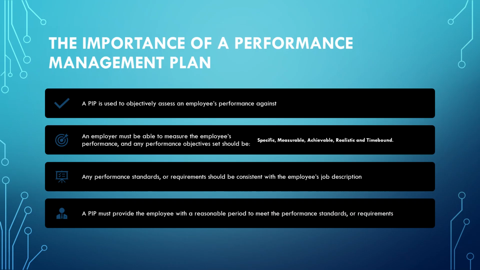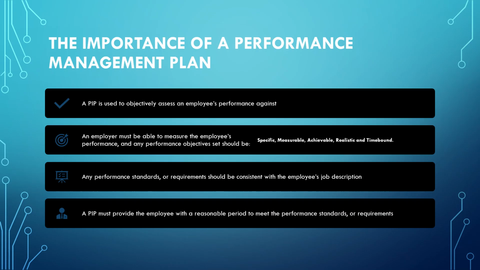Any performance standards or requirements should also be consistent with the employee's job description. So that's something to have careful regard to when considering a performance management framework: you should be cross-checking the employee's job description and using it to inform what goes into any proposed PIP, which then needs to be consulted with the employee about before it is implemented.